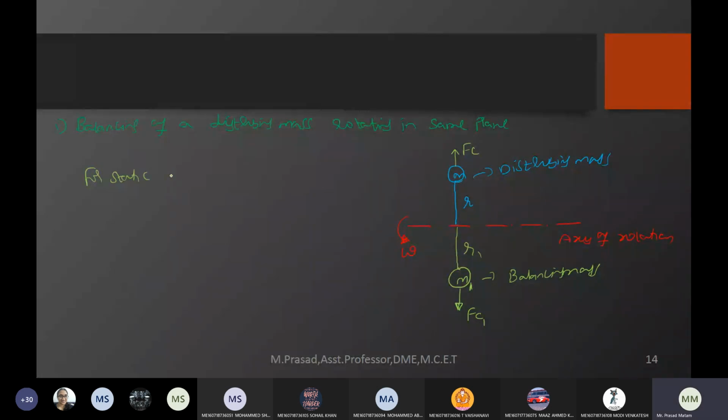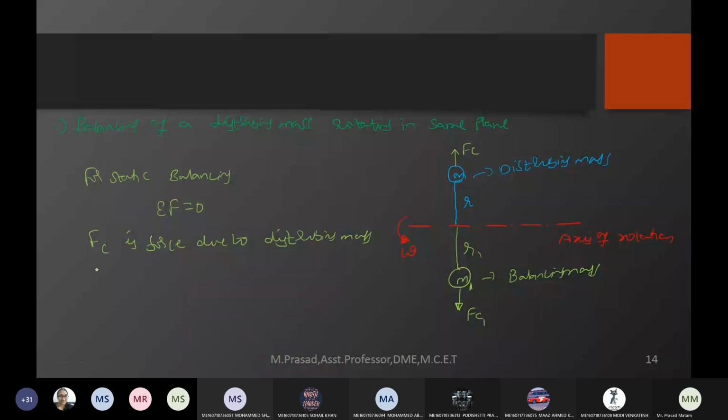That is what I am writing for static balancing. What is the condition for static balancing? The sum of all the forces should be equal to 0. Fc is the force due to the disturbing mass.